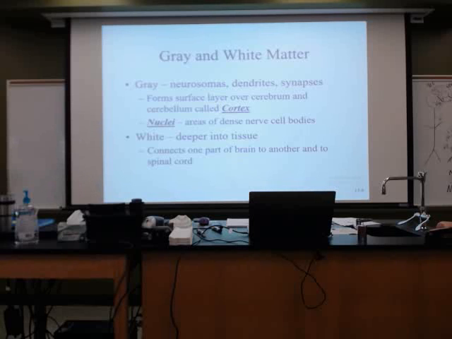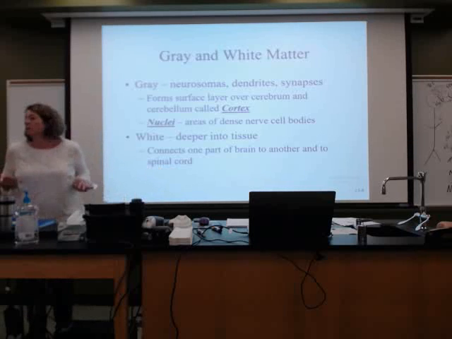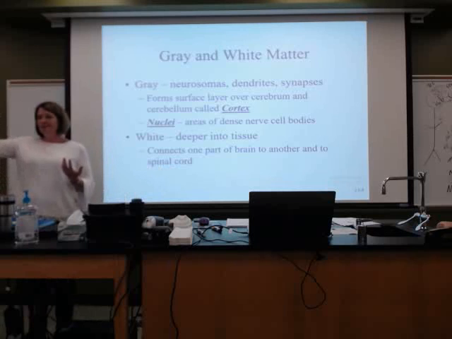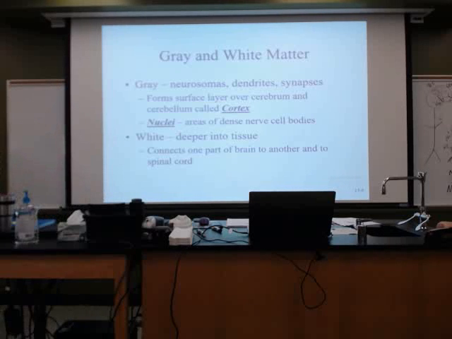Then we have to have the connection to the spinal cord. Wait a minute. Isn't the spinal cord, isn't the white tissue to the outside and the gray to the inside? It's now reversed. So when we look at the brain, even though the brain and the spinal cord make up the central nervous system, in the brain, gray to the outside, white to the inside, spinal cord, white to the outside, gray to the inside.